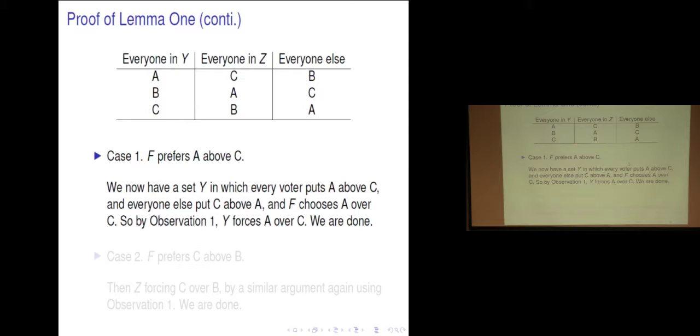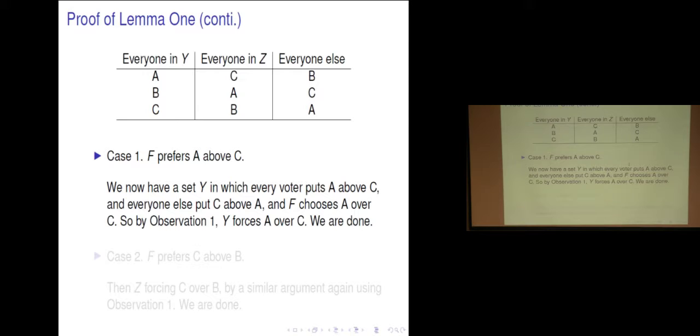So inside Y, every voter puts A above C, right? Everybody in Y puts A above C, and everyone else puts C above A. Then F goes with the set.